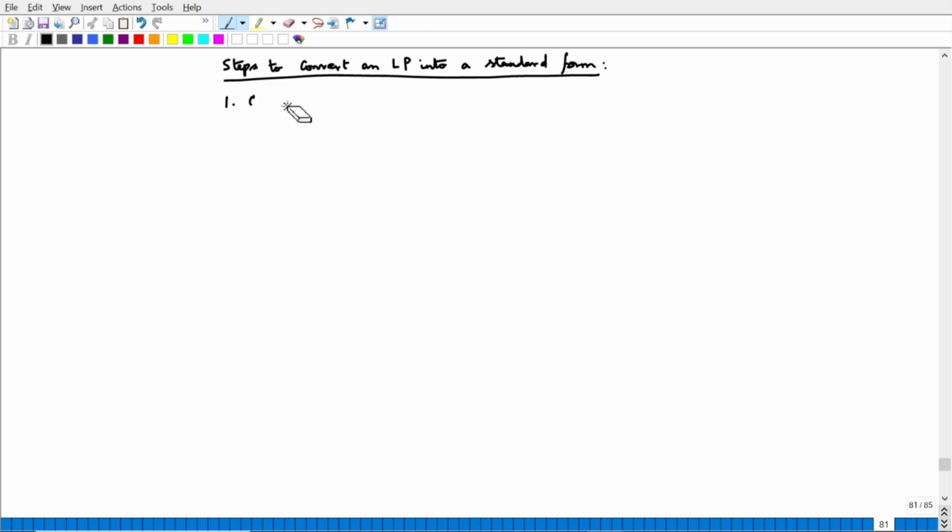So first, convert maximization to minimization by adding a negative if at all it is there. Maximization into minimization.